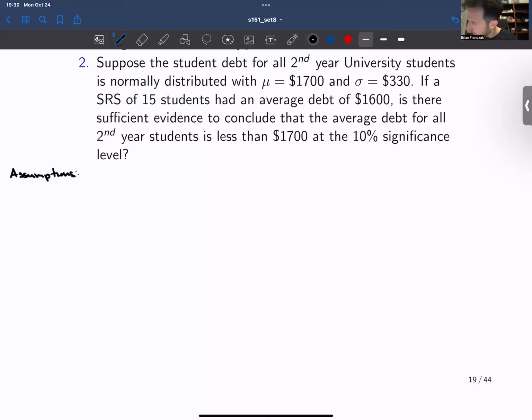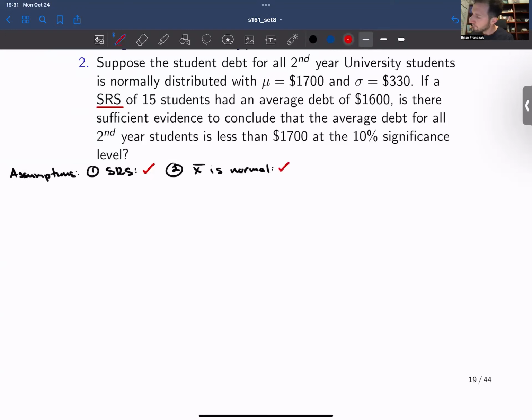So here, we have the following. So first, SRS. This is clearly true because we're told in the problem description that we're working with an SRS. Okay, the second one is that, or the way I write it, is that we can assume that X bar is at least approximately normal.